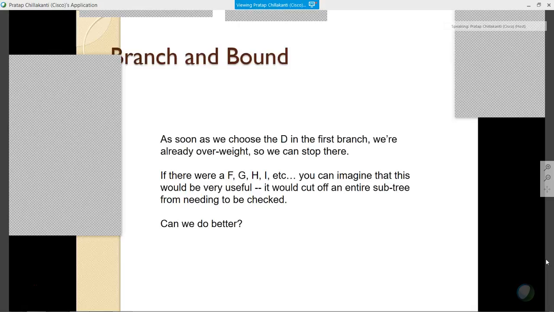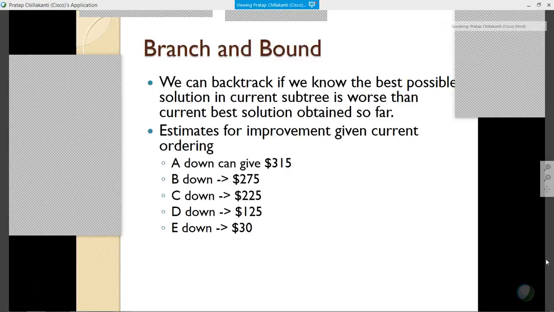So as soon as we choose D, as it says here, we are already overweight. When you do A, B, C, D, nowhere here I gave the weight limit. What is the weight limit of the backpack? Did I say it anywhere here?